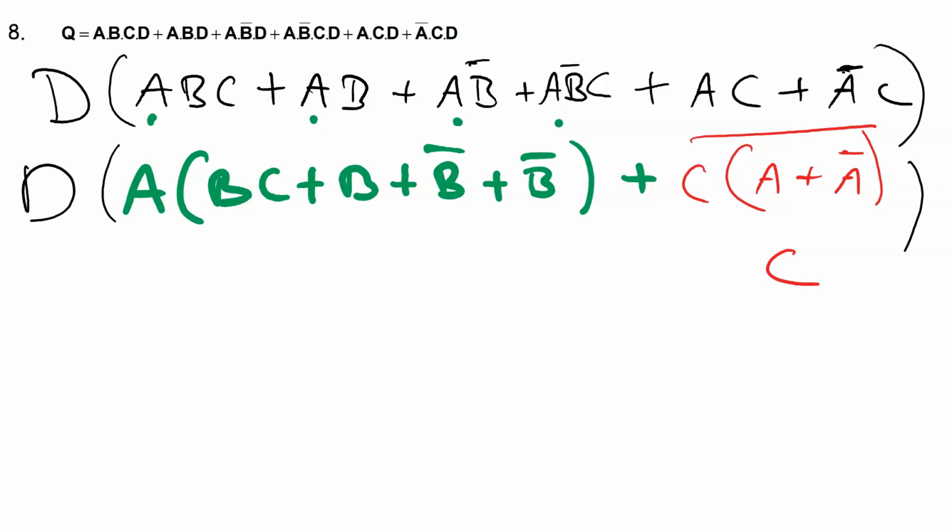Okay, well, I'm sure you've spotted this before I have. I've got a B or not B there, so that's a 1. Anything or 1 is 1. So this whole thing collapses to just A. So that's easy.